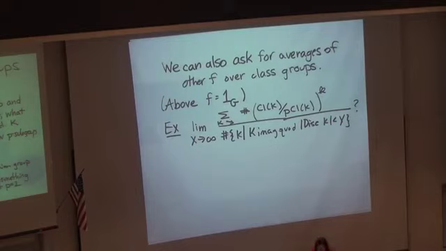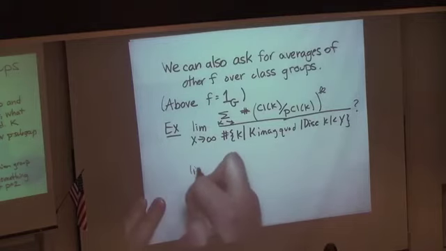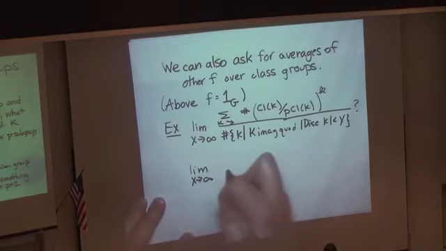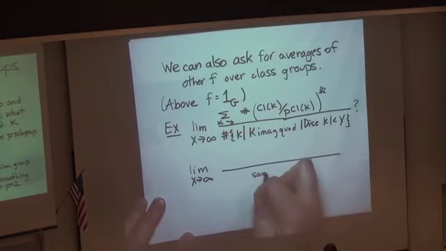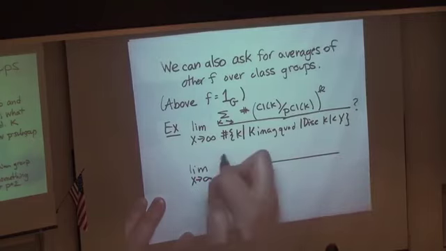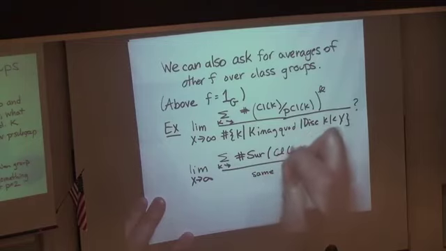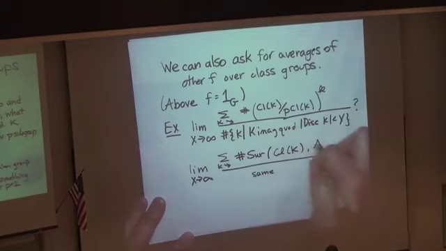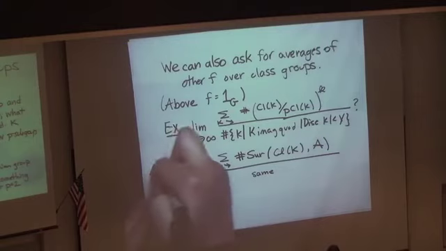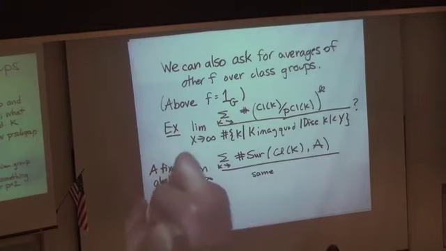I could ask how it averages. And here's another example, which is going to come up again in my talks, and I bet will make an appearance somewhere in Jordan's talk. We could ask for the function, same denominator, same summing over Ks, but now I'm going to count the number of surjections from the class group of K to A, some fixed abelian group.